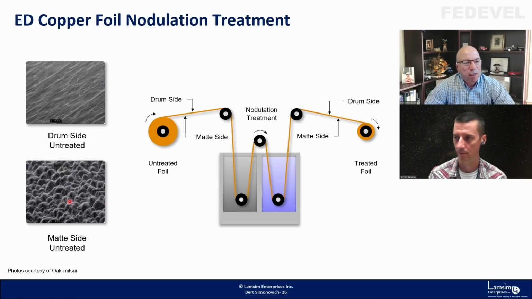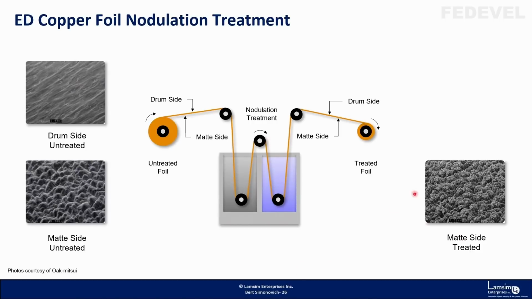Usually it's one side of the foil, and most of the time it's the matte side. These tiny nodules are put on, and that adds micro roughness. It increases the surface area, so you get more bonding.